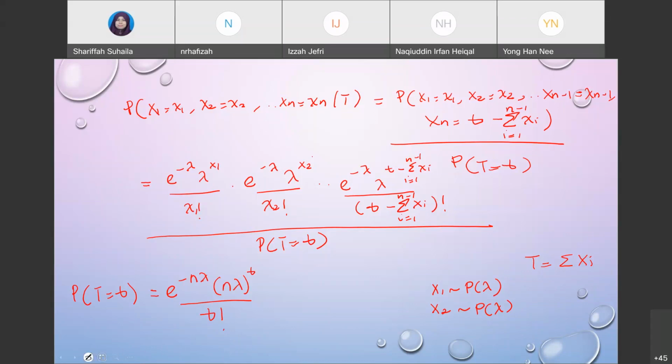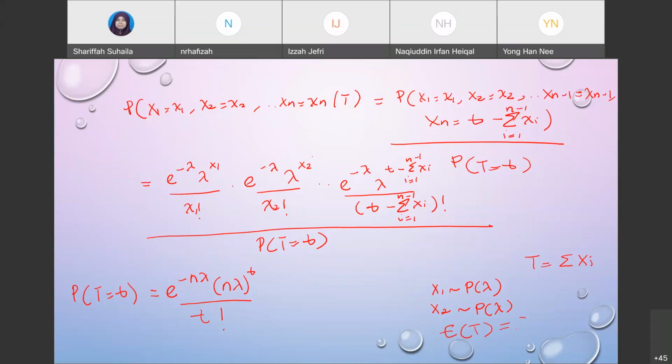Okay, itu kalau kita ada T equals to summation Xi. Sebab let's say if you have expected value of T, katakan kita tak tahu apa dia punya probability mass function for T equal to summation Xi.